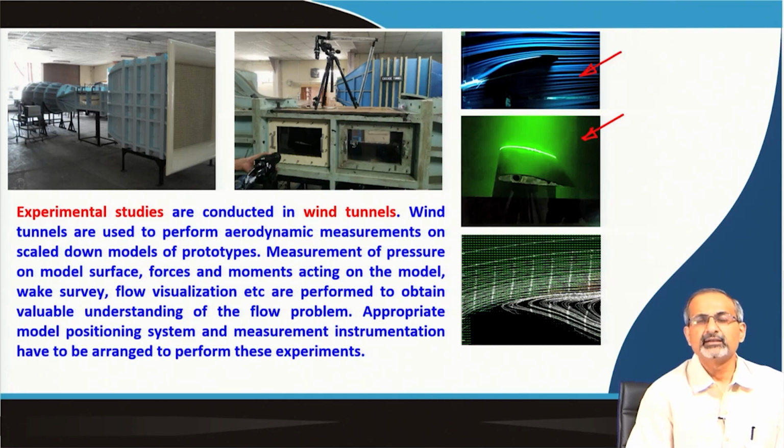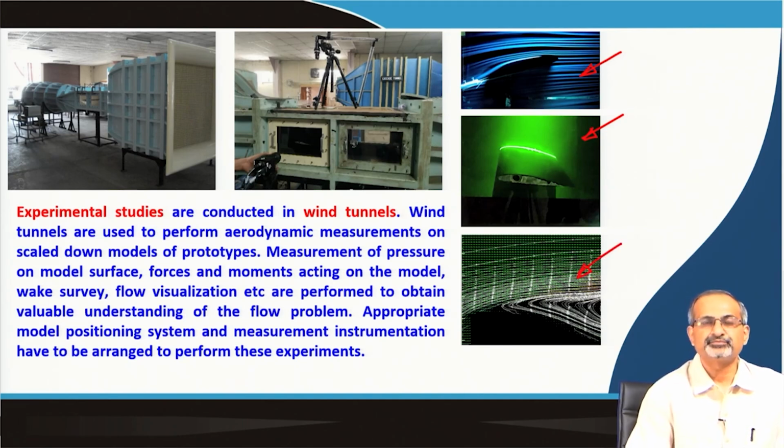Here an airfoil section has been inserted into the test section of this wind tunnel. It has been illuminated with a laser sheet, and then the particle image velocimetry system has been used in order to acquire a series of images, and then they have been post-processed with suitable software in order to acquire the velocity vectors.